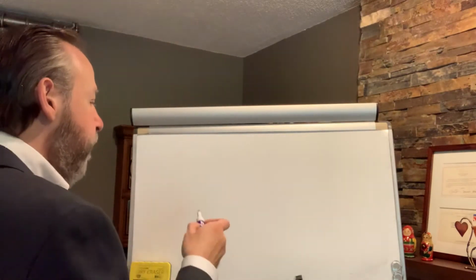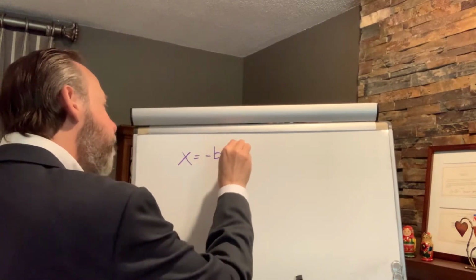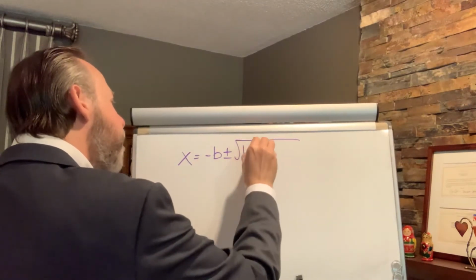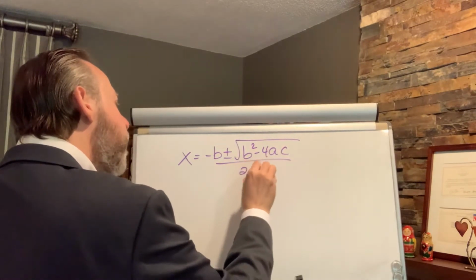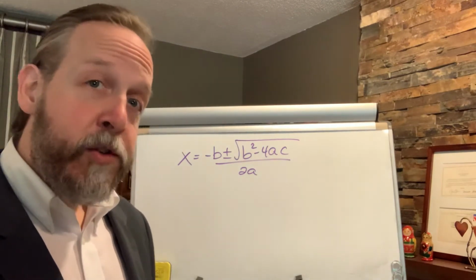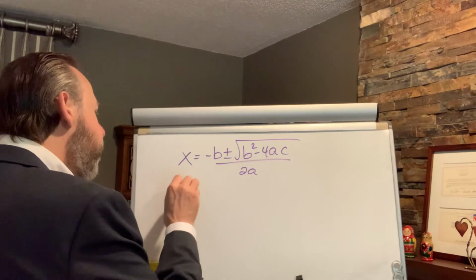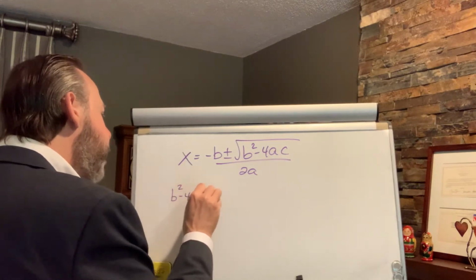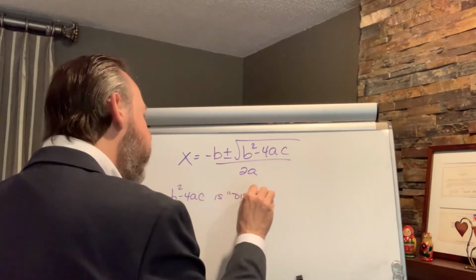In the quadratic formula, where x equals -b plus or minus the square root of b squared minus 4ac all over 2a, the piece of the equation that's under the square root has a name. So the b squared minus 4ac part has a name, and it's called the discriminant.